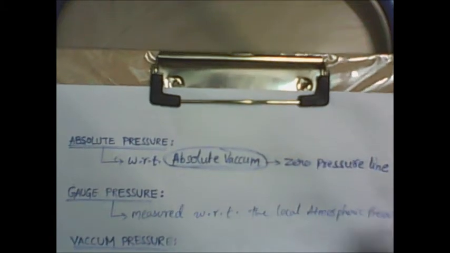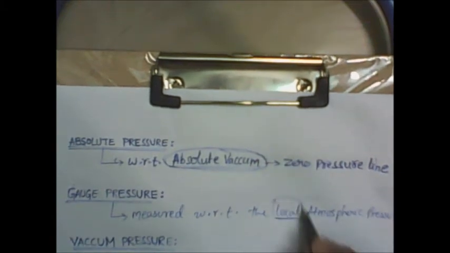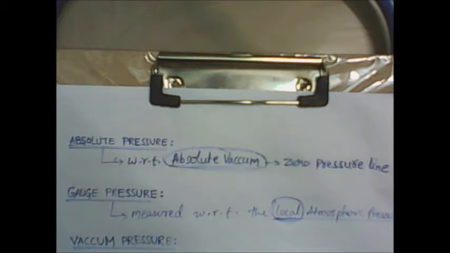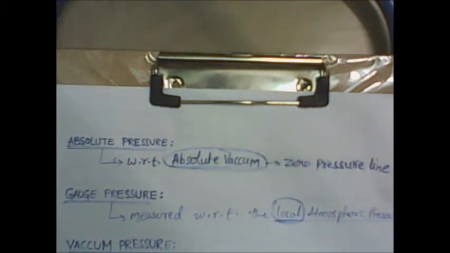You have to underline this word local, because in the next sum we are going to calculate, you will understand its significance. This gauge pressure is nothing but the measured values given by the pressure measurement equipment. And the next one is vacuum pressure.